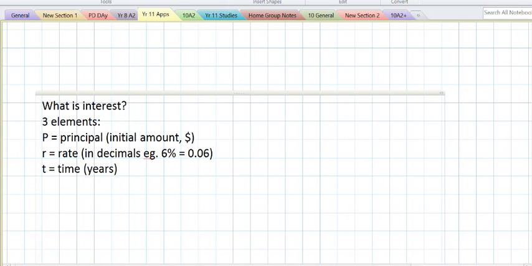So whatever it's written in as a percentage, we divide by 100 to get to a decimal. Now, all of those three things combine to make an equation where the interest, that's an I, in dollars, is equal to the principal multiplied by the rate multiplied by the time. Where the principal is in dollars, the rate is in decimals, and the time is in years. And that will tell us the amount of interest you have to pay back.